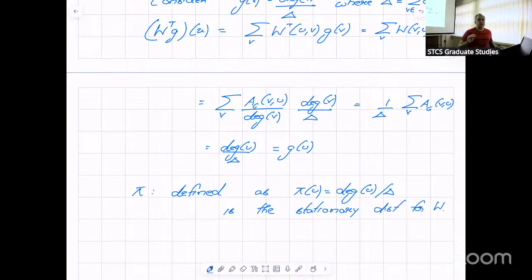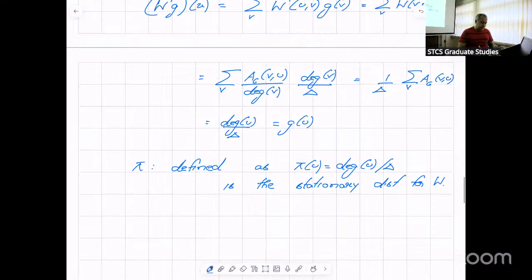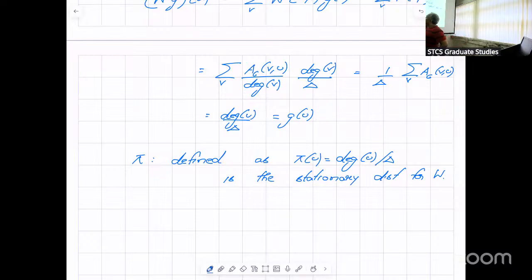It's the only vector that can satisfy this. It's an eigenvector, and the eigenspace is of dimension 1. Therefore anything else should be a scaling of this. Therefore, this is the only stationary distribution for irreducible matrices, and the uniqueness here comes because of irreducibility.